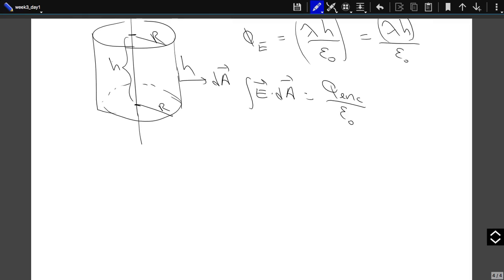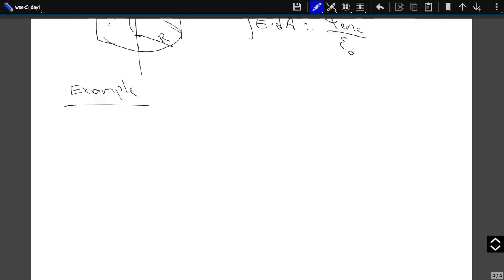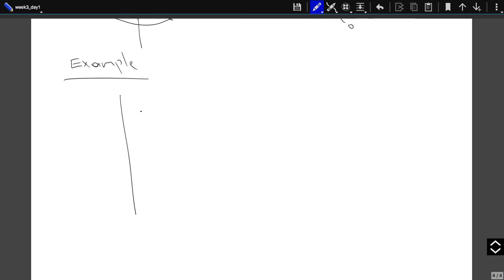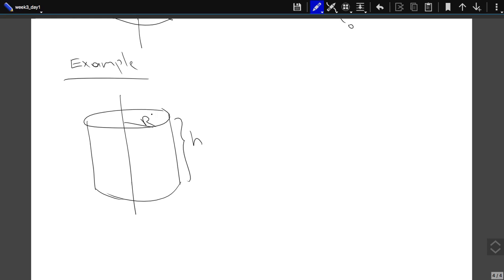Now let's take a closed cylinder. I still have the wire. I assume a closed cylinder, radius r, height h. This time all of these are closed.